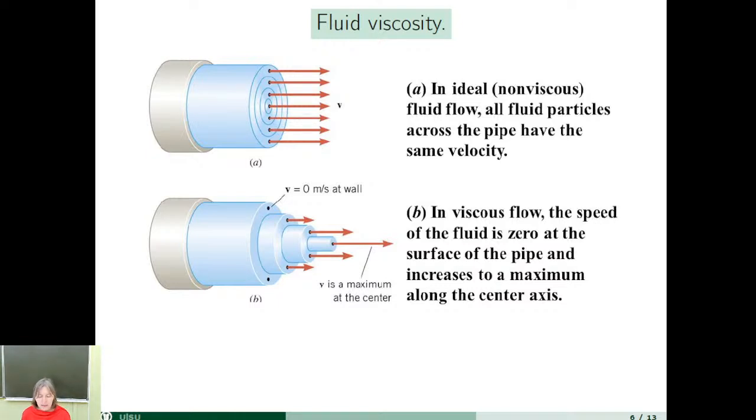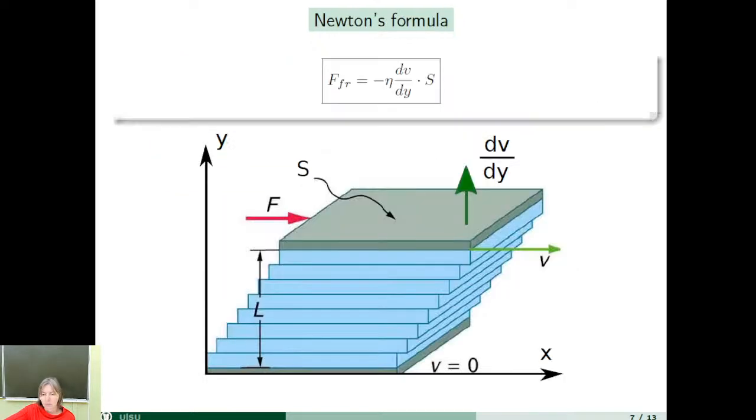Newton has established that the force of friction, of internal friction between two layers of liquid moving with various speed, is directly proportional to the area of the adjoining layer and to the gradient of speed between them.